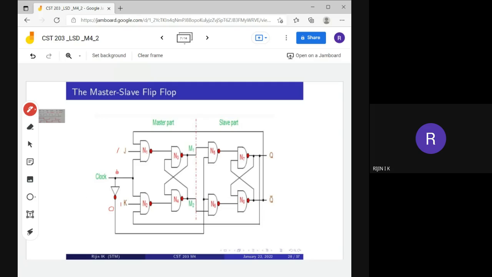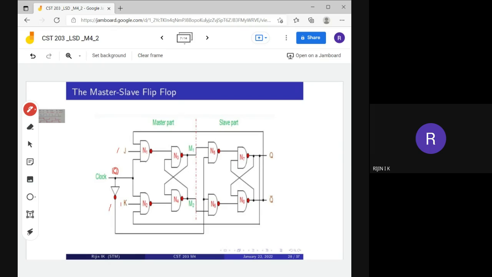Suppose you are giving clock as 0 here. In that situation what will happen? First part, this will be 1.